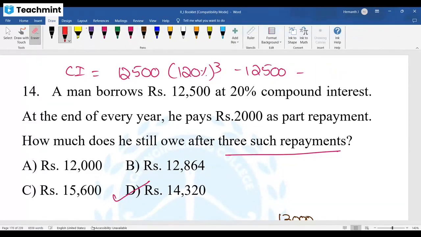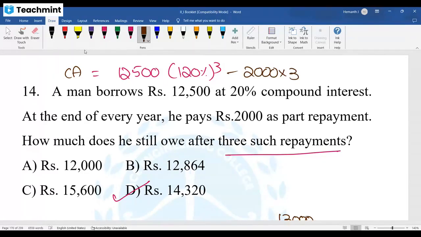Clearly, try to have a basic understanding of why this is wrong. In this approach, there is no need for 12,500. They're asking for the amount only, right? What is the pending amount? Minus 2,000 into 3. So some people are doing it like this. Sir, go with 20% interest every year, then remove.